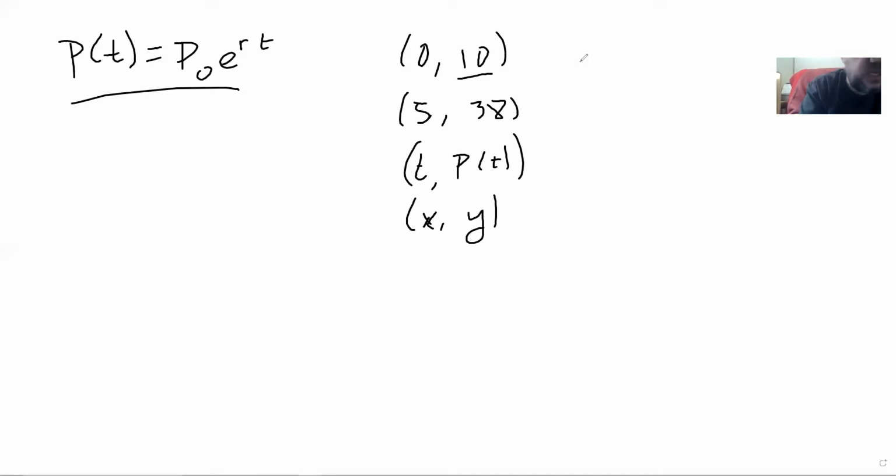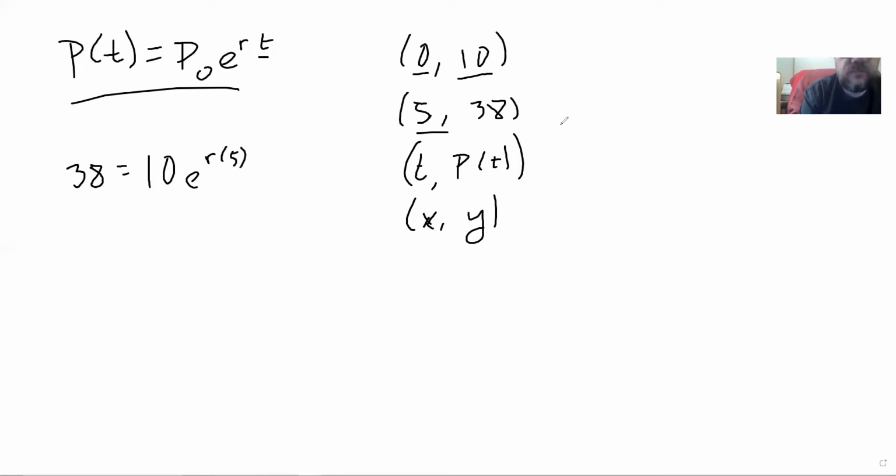So what I can say is that P of 5 is 38, and that equals the starting value, 10, times e to the r times t. It's been 5 years here, right? We went from 0 to 5, so it's been 5 years since my initial value.